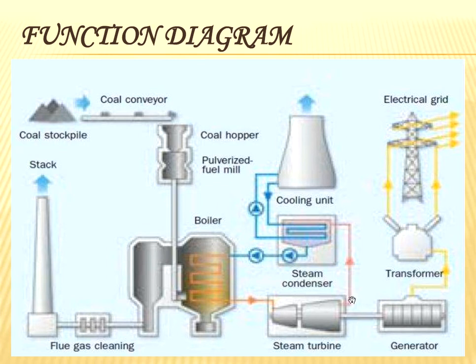So we have a low energy or low temperature steam, but again it is in the gaseous form. In order to convert the steam into liquid form, we have a steam condenser. The steam condenser converts it into a liquid form, and the liquid, that is the water, again enters the boiler, and this recirculates.